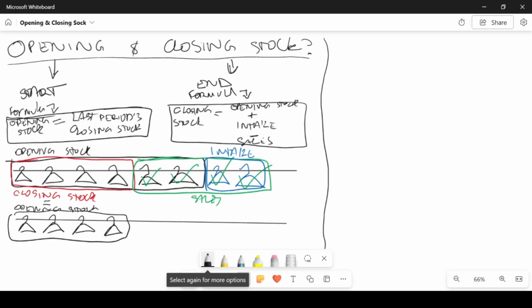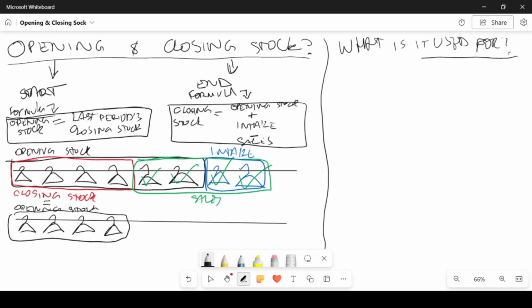I know you may want to know, okay, we know all of this now, but what is it used for? That might be the main question you'd want to know. And it would be in 3 main areas. Opening and closing stock would be very important when making buying and merchandising decisions. The first one would be sales planning.